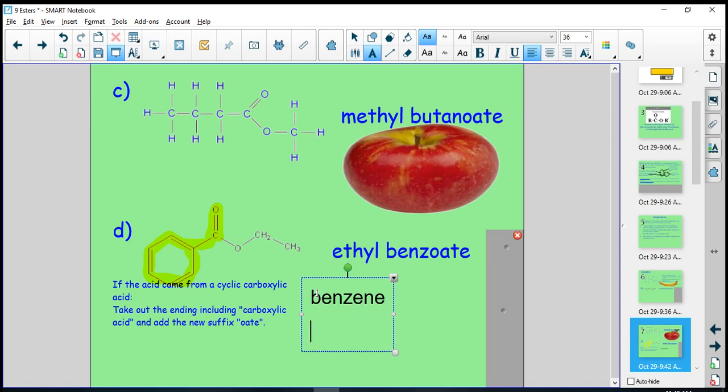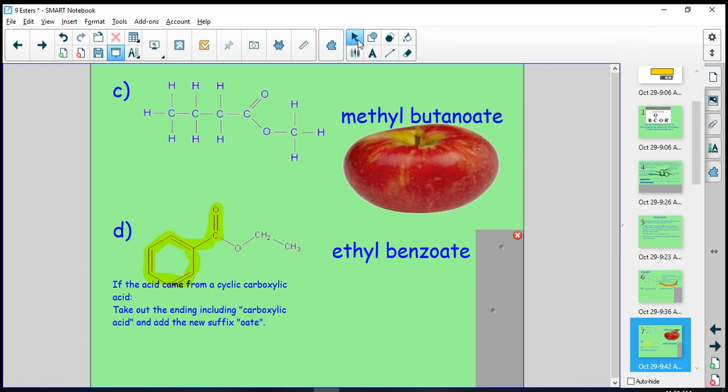Benzene, then as a carboxylic acid would be benzenoic acid. Right here, what we're doing is taking out the -oic acid, and we're adding just the ending we would normally for an ester, and it would be benzoate. We'll review more of this in class. We'll leave that uncovered. Okay, moving on.